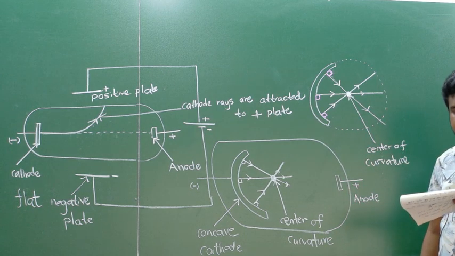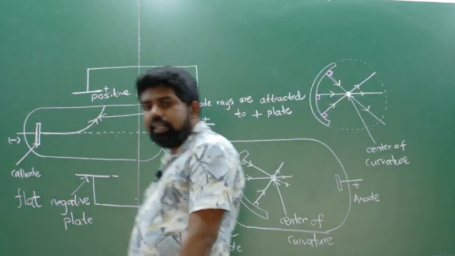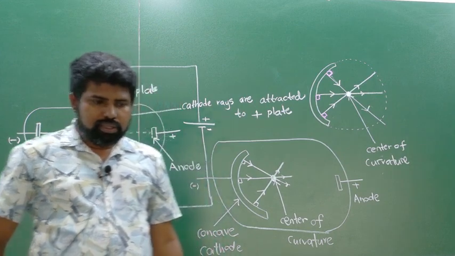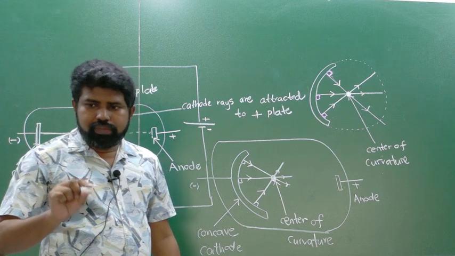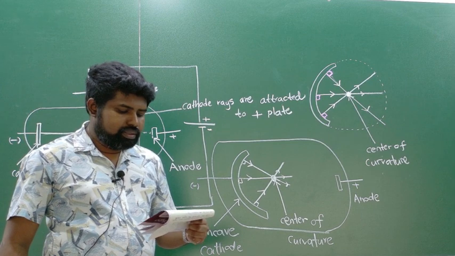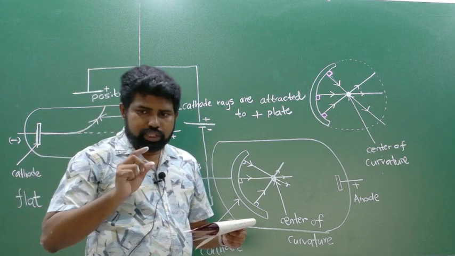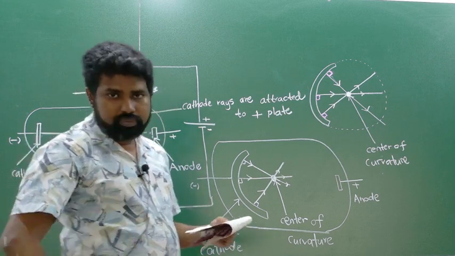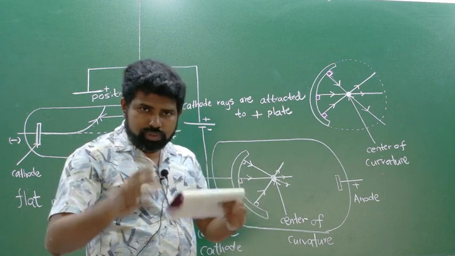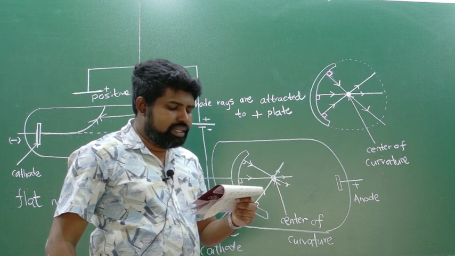When a concave shaped cathode is used, the cathode rays are converged to the center of curvature.